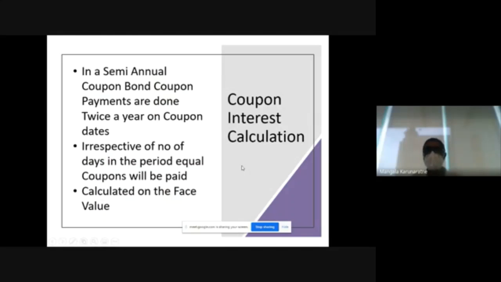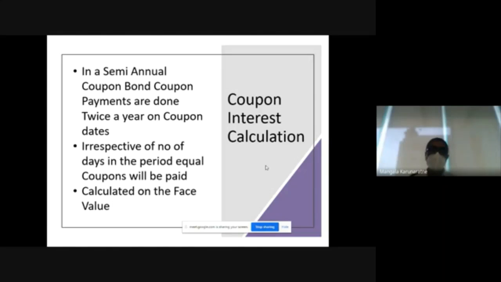So coupon interest calculation. First, we will do how we calculate the coupon interest. Now in government securities and government bonds, particularly in this example, they are semi-annual coupon bonds. It's a known fact. Everyone knows that. And payments are done twice a year on coupon dates. So semi-annual means payments are done twice a year on coupon dates.